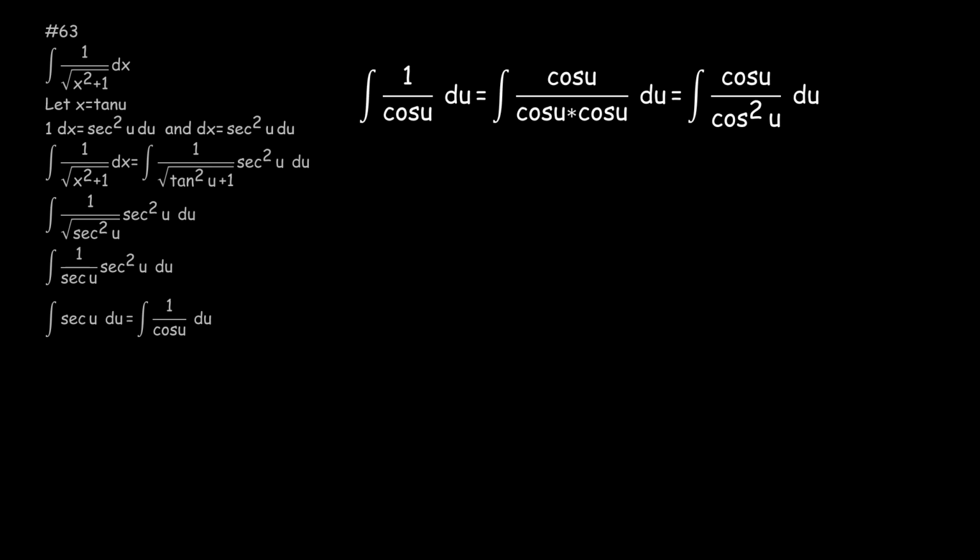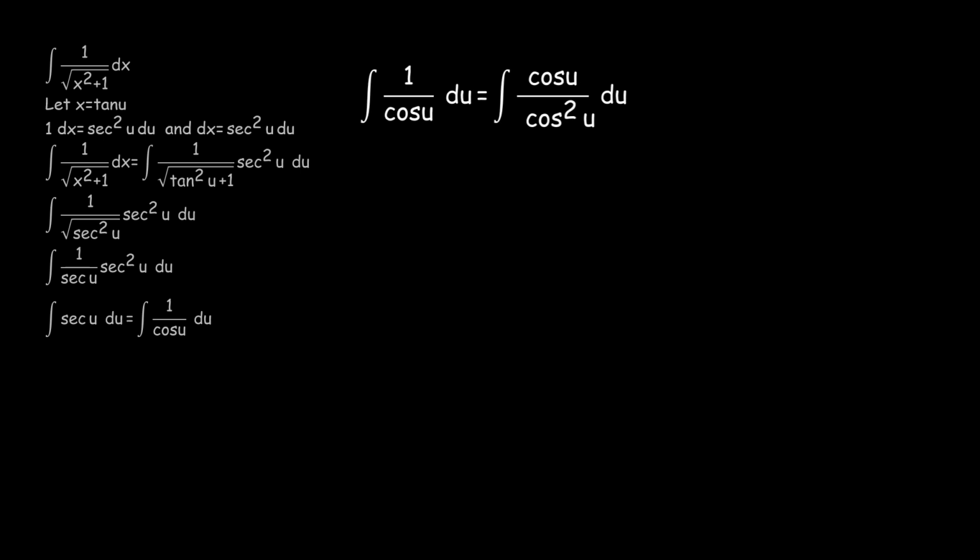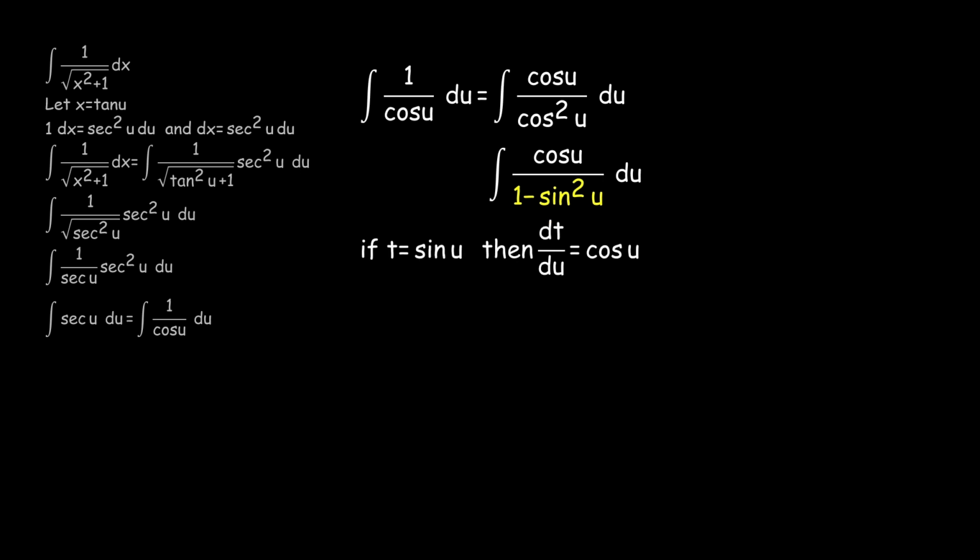We're always trying to get a value for which we can substitute and then cancel out at the end of the day. So I'm going to substitute that with 1 minus sine squared u, so that I can let another variable, let's say t, be equal to sine u. So if t is sine u, then dt by du is cos u. You see, it's already going to cancel out.